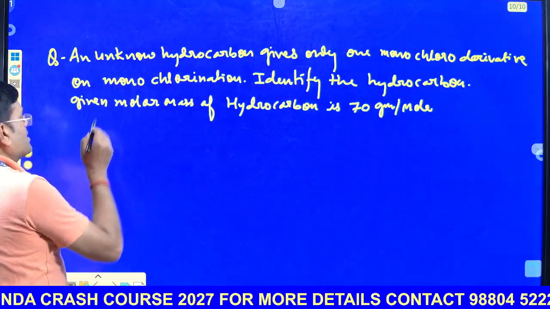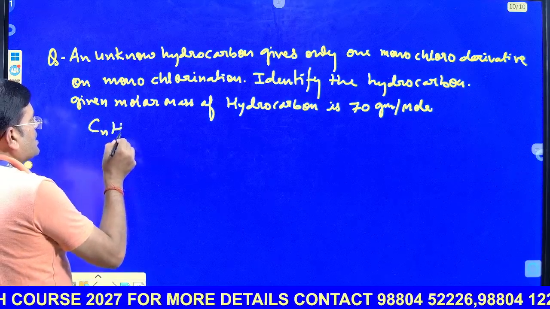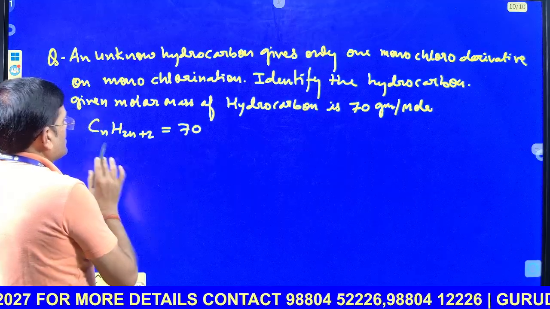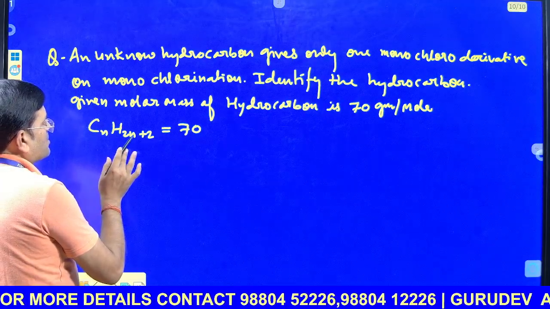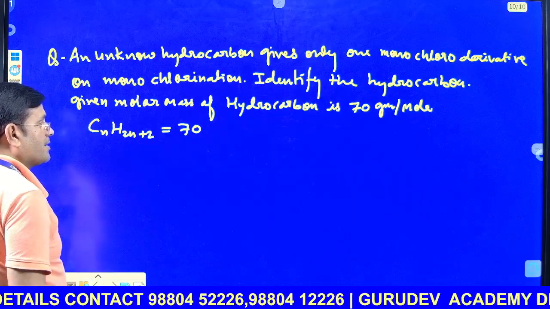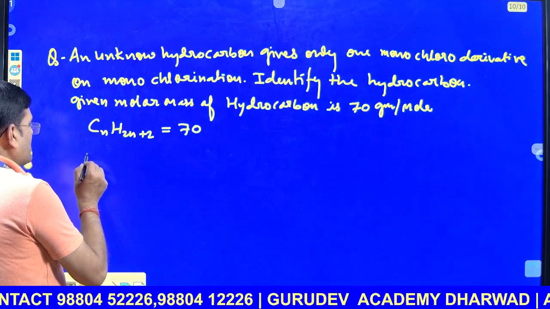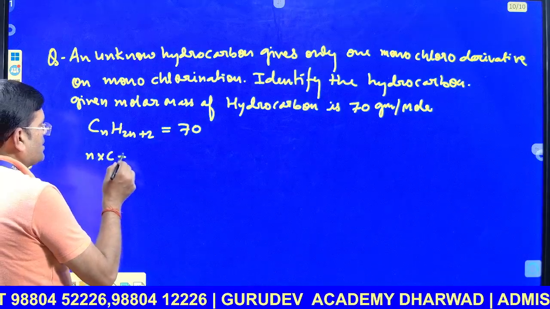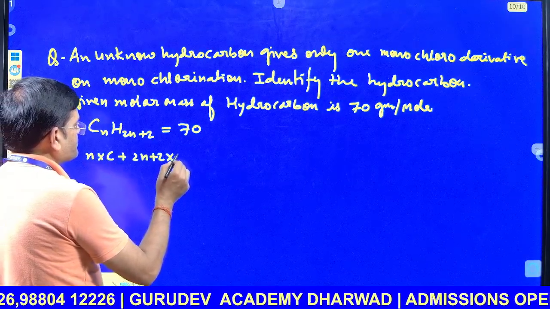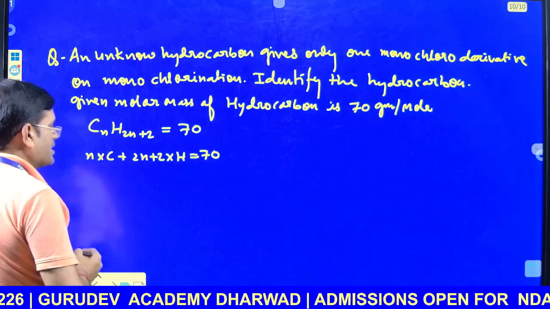If that hydrocarbon is alkane, so what is the general formula of alkane? CnH2n+2 is equal to 70. So find out the molar mass of this one, actually given, so you will be able to calculate the number of carbon. Getting? So what you will write here? n into C plus (2n+2) into hydrogen is equal to 70, right?